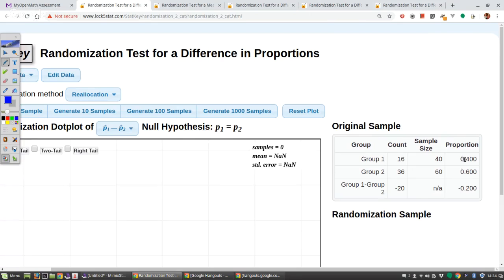So 40% of group 1 is my men, 60% of group 2 is my females. Got it. So I have a difference in proportions of negative 0.2. So they're 20% different. There's more females who like cats than males. So this is my test statistic right here that we'll use in a moment.